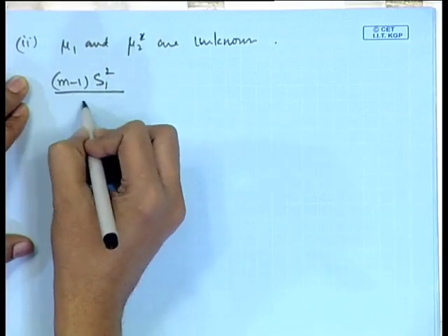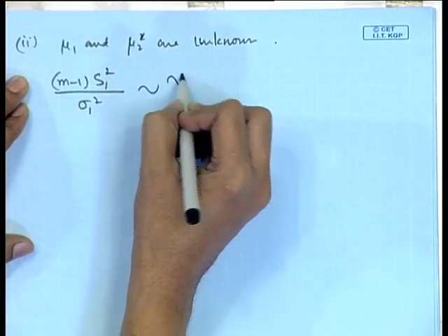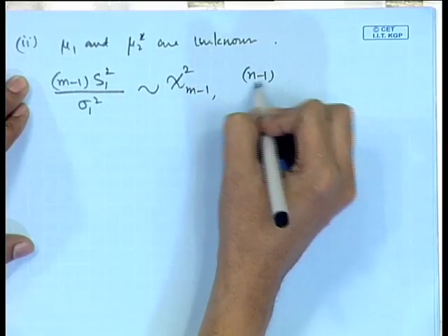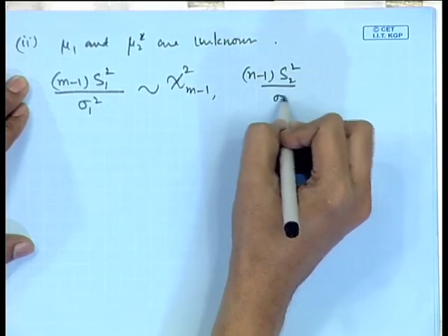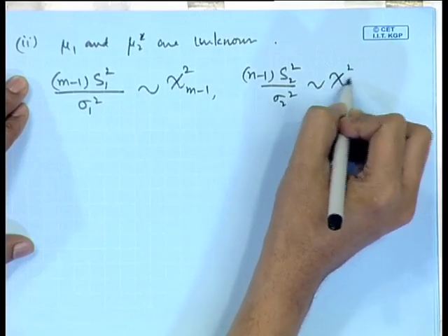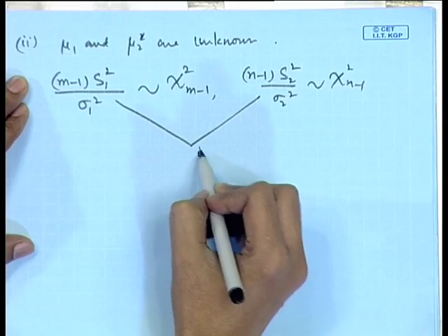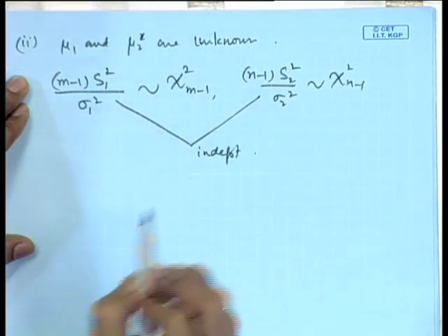So, we have m minus 1 S 1 square by sigma 1 square follows chi square distribution on m minus 1 degrees of freedom and n minus 1 S 2 square by sigma 2 square follows chi square distribution on n minus 1 degrees of freedom. Furthermore, these two random variables are independent.